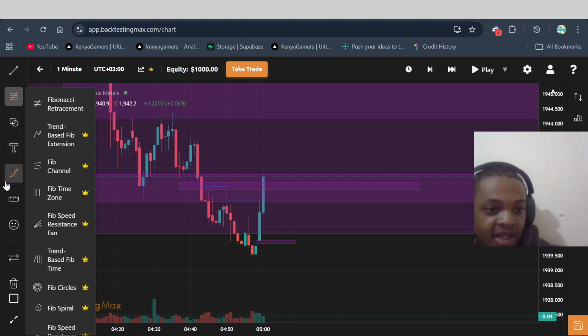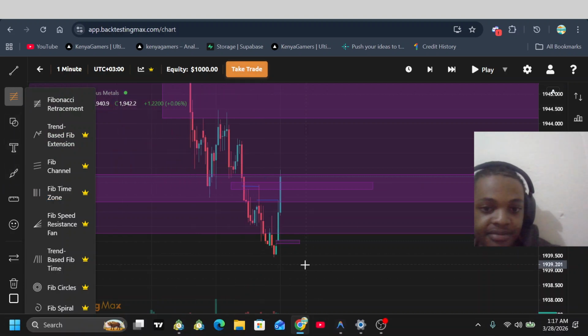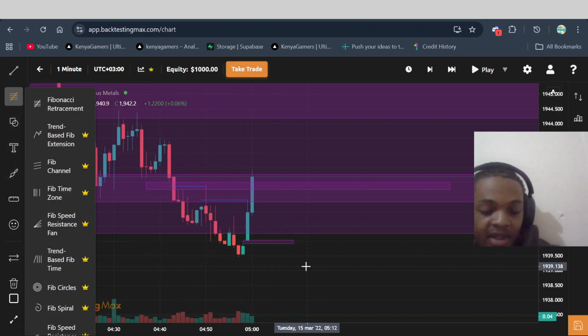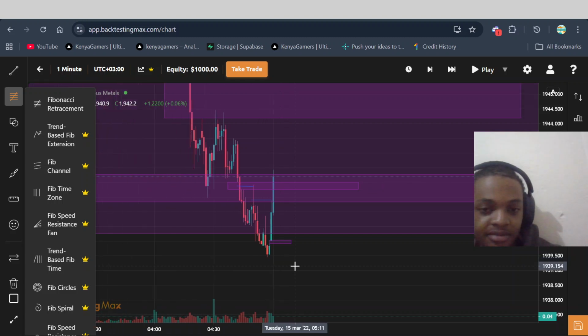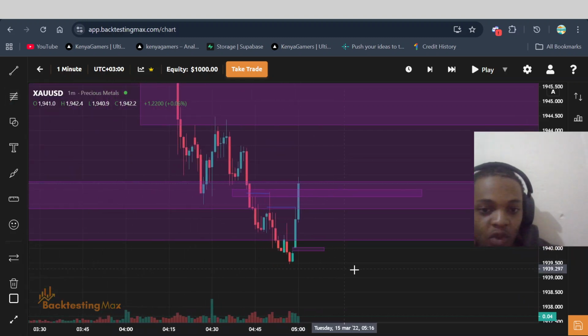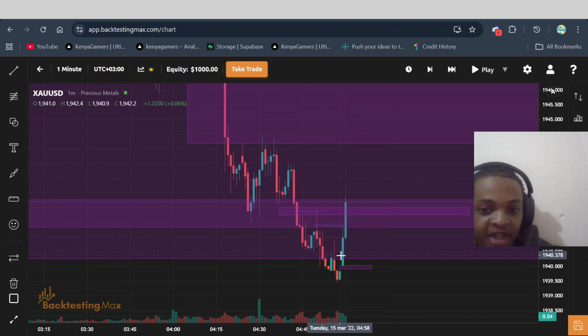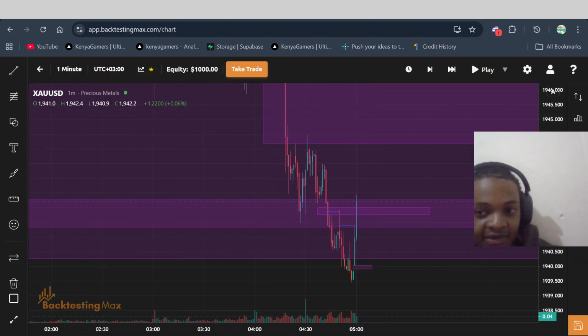So if I was going to enter this trade, I guess we could possibly wait for the price to retrace back to this gap for a re-entry, or we just take the aggressive entry.